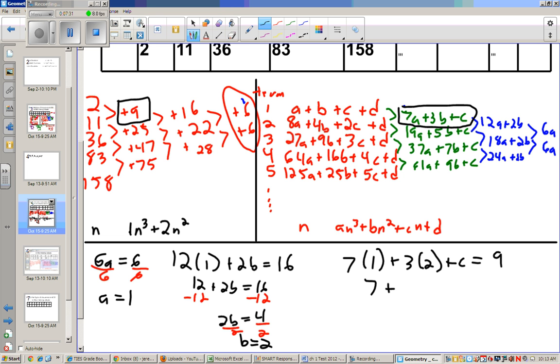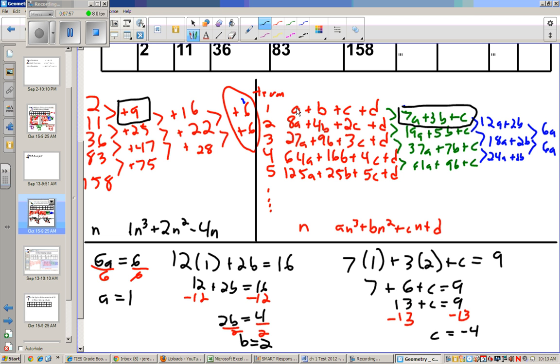So I have 7 plus 6 plus c is equal to 9, or 13 plus c is equal to 9. So I have to subtract 13 on both sides to get c is equal to negative 4. Wonderful. So I can add to this minus 4n, and now I just need to find my d.